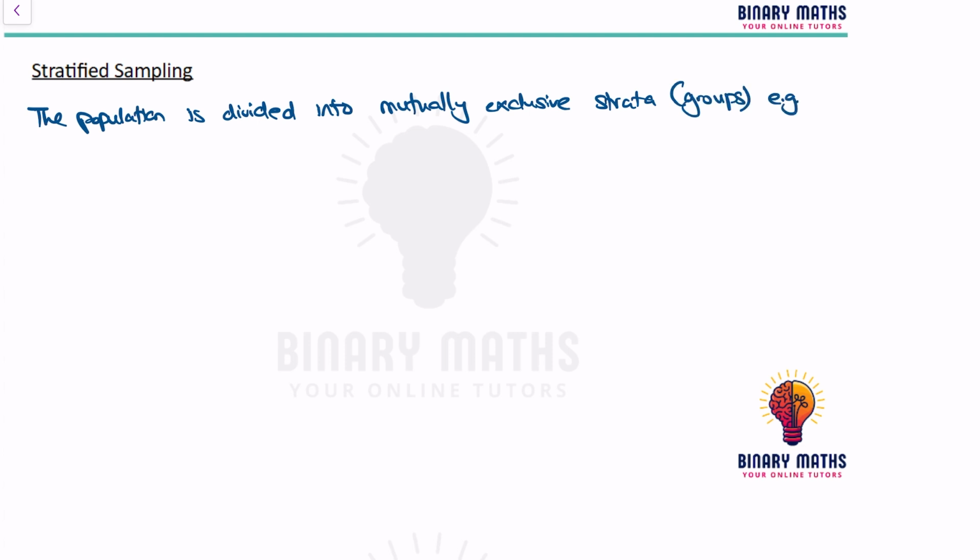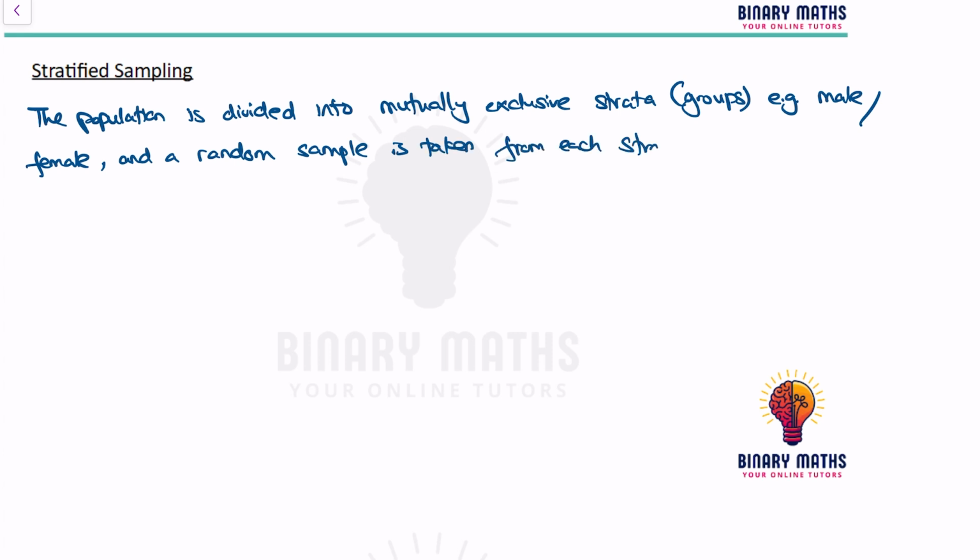So e.g. male, female, and a random sample is taken from each strata. This makes it more representative. So a more representative sample is generated in this way.